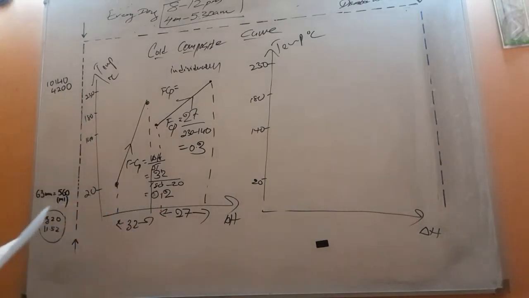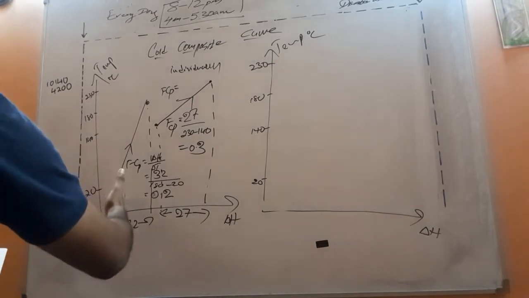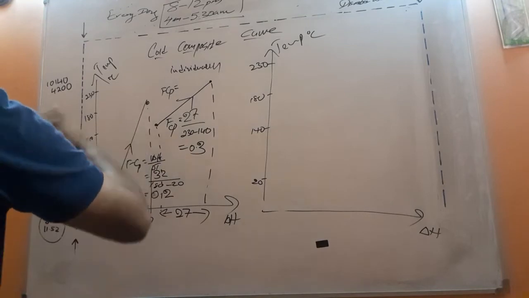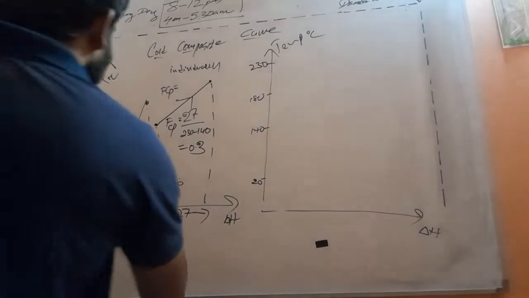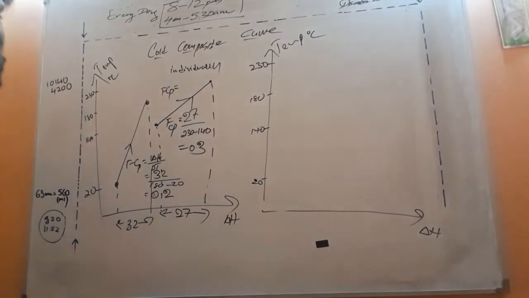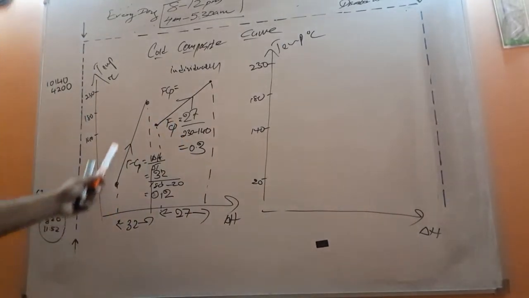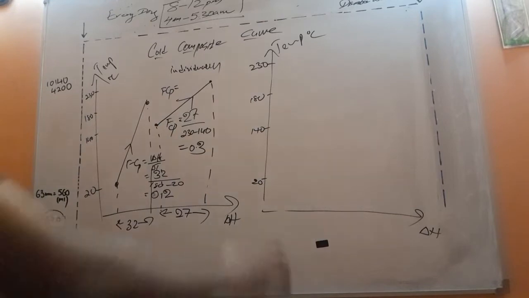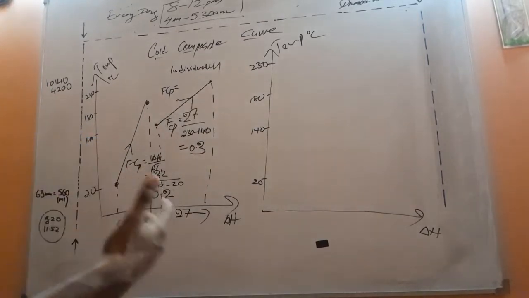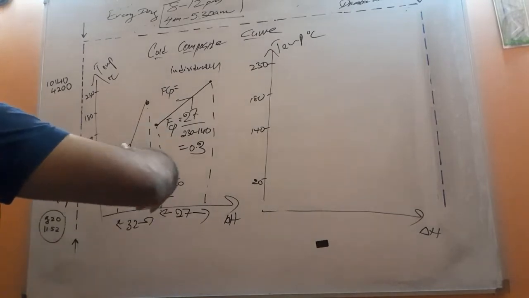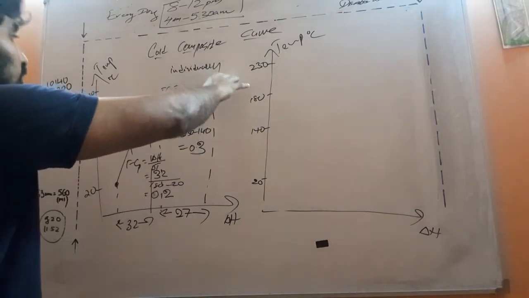The first thing that you can do is you can combine 20 to 140. Right, so that is the first combination. You can combine the process from 20 to 140 because this curve cannot be used to define the temperature ranges below 140 and for the temperature ranges above 230.